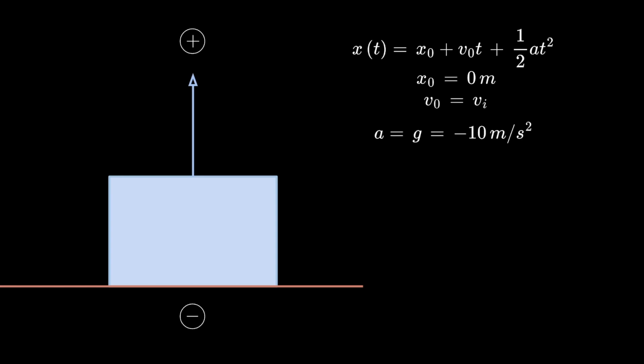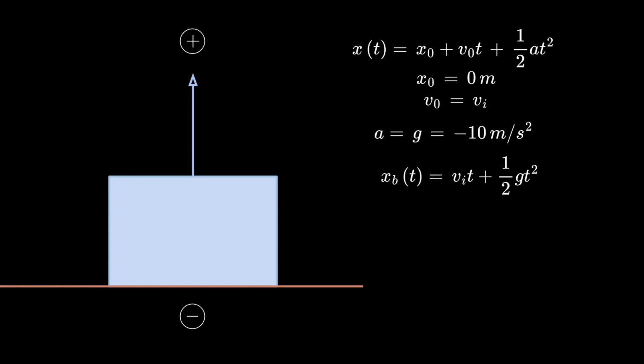So looking at our blue block, if we use the exact same original kinematics equation to start off, the only thing that's different is that it doesn't start at a height of 1 meter. It starts at the floor, and then it also has an initial velocity upwards that we're going to give it. Other than that, a is still g. It still points downwards at 10 meters per second squared. So if we plug it in, we're going to get v_i t plus 1/2 g t squared as our position function for the blue block.